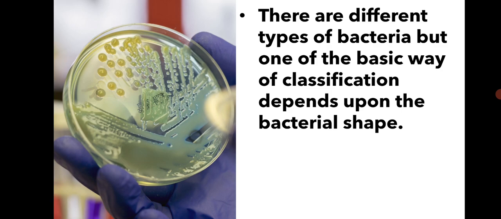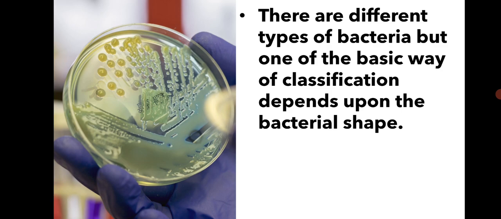If you are asked to identify the isolated culture, the very first step is you will prepare a sample, and the basic step is to find out the shape of the bacterium.